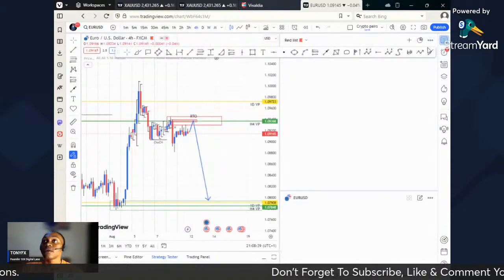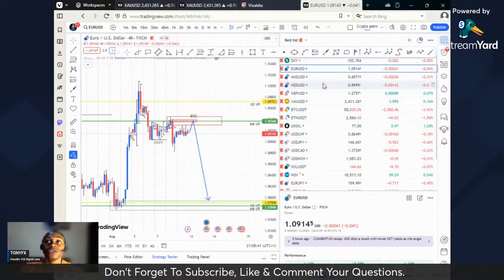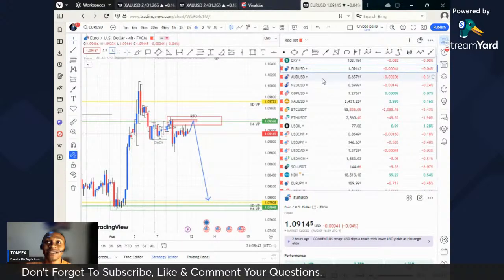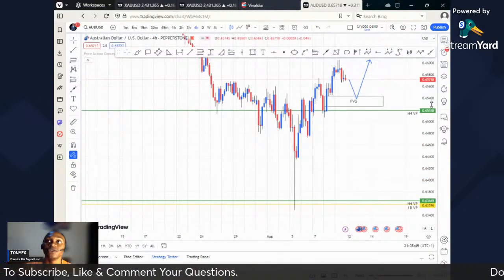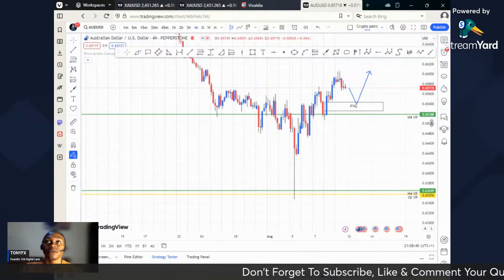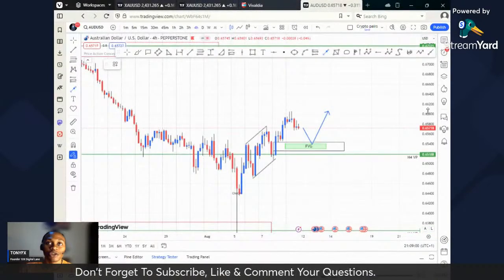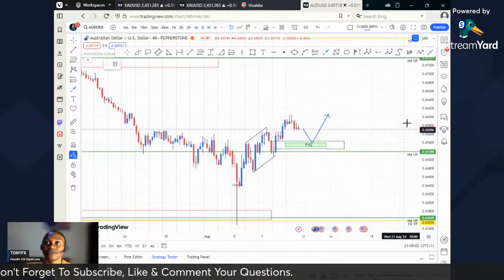The next is AUD USD. For AUD USD, the structure is a bit different.